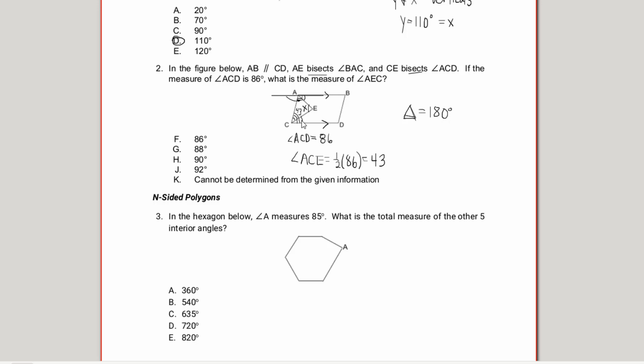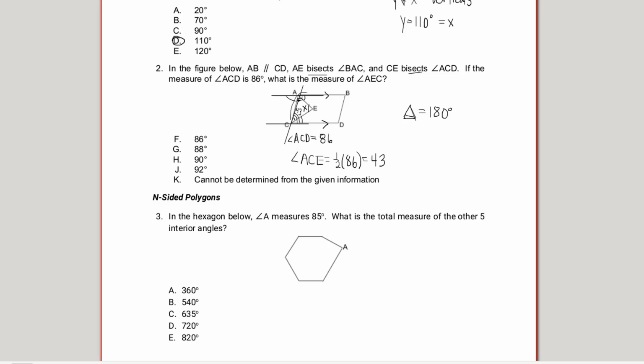I'm going to just extend that line a little bit. 2 parallel lines cut by a transversal here. We know something about these 2 angles, angle BAC and angle ACD. They are same side interior. Again, it's just a name, but it's like the previous problem.